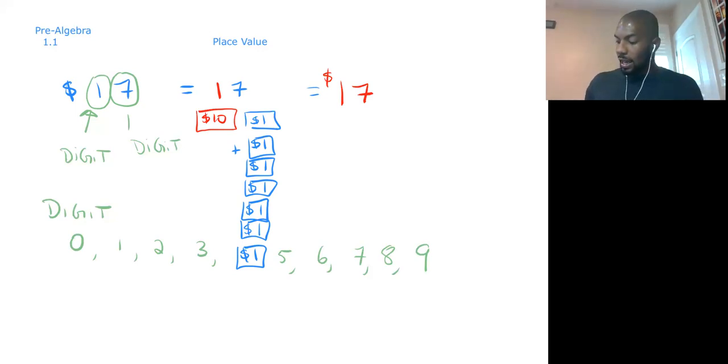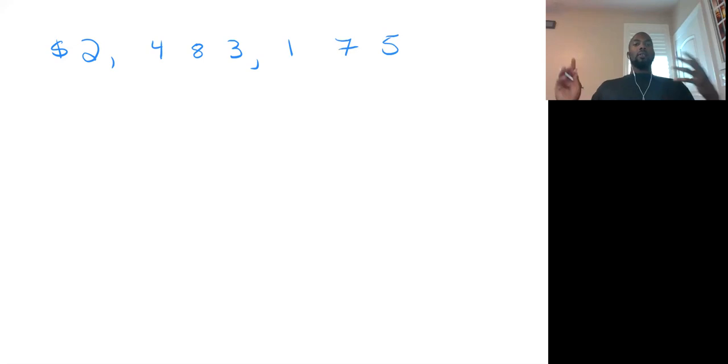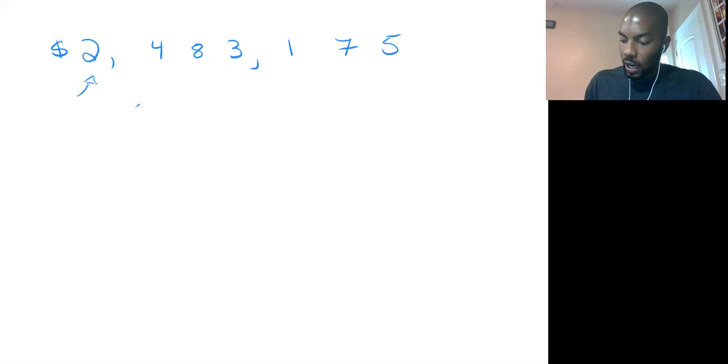So let's take a look at some larger numbers, and we'll find out what the place value for each digit is. If I gave you this amount of money, let's say it was 2,483,175.